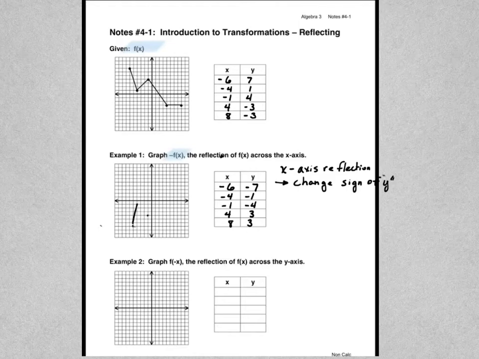And you go ahead and kind of draw lines. And then you're going to go up to 4, 3 and 8, 3. So it's going to go up here and across. Okay, so that would be the graph across the x-axis. It just flips over the x-axis, a mirror image.